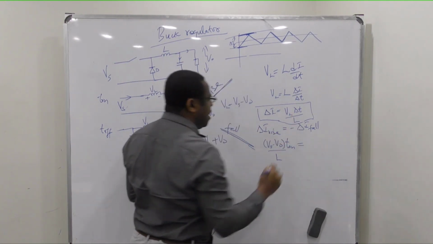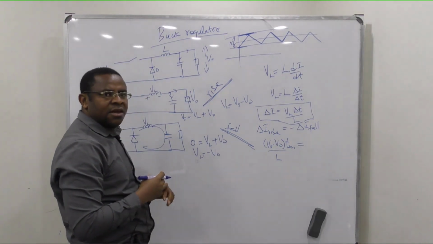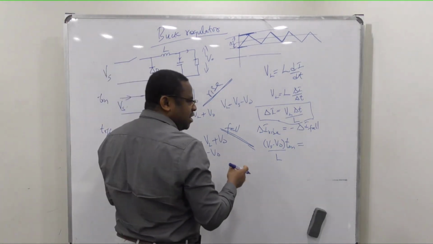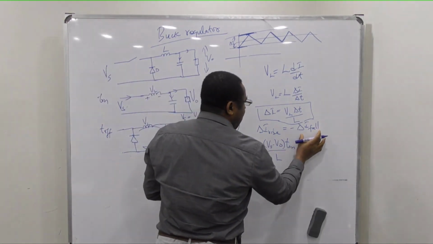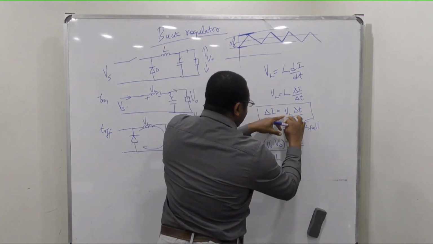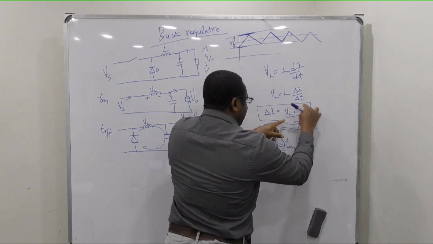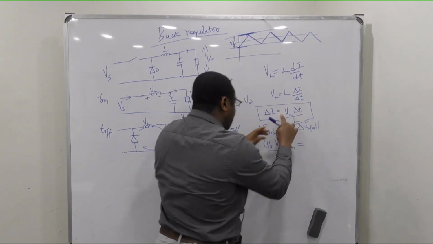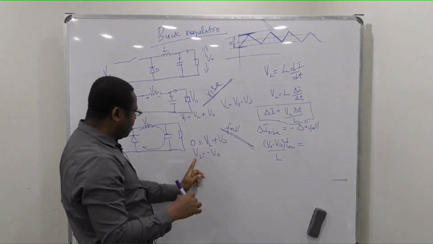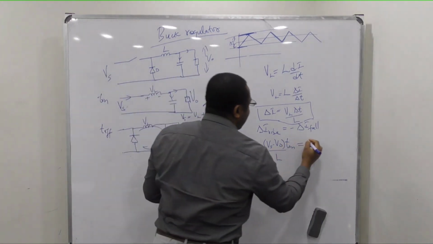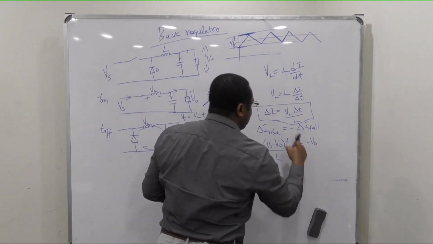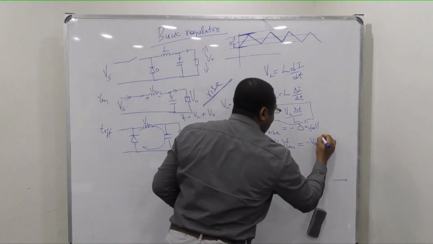I say it's the same thing as delta I fall. Now let's substitute the voltage on the inductor at the time of fall. Look at it, it's minus Vo, so I have minus Vo. Which time is that? It is time off.